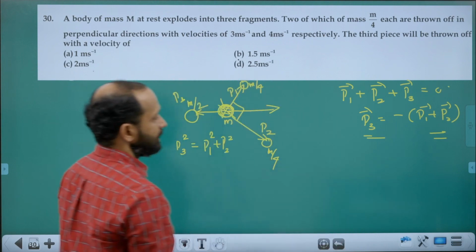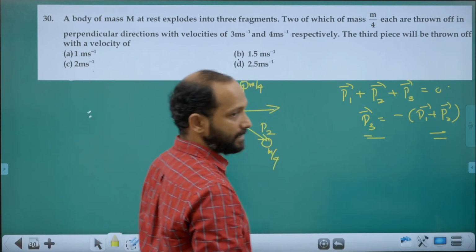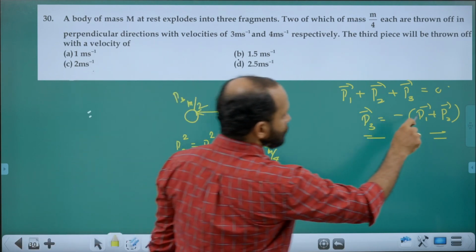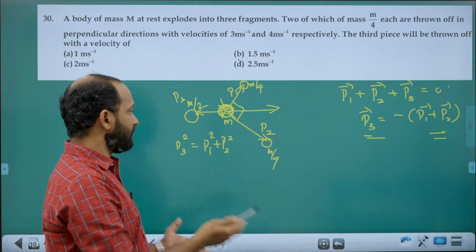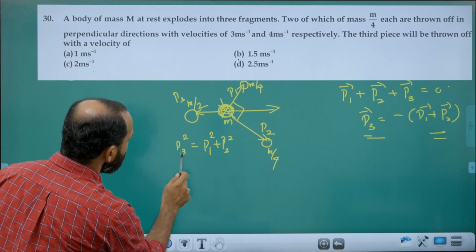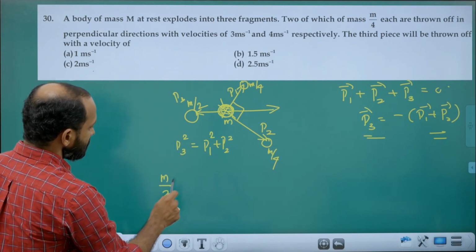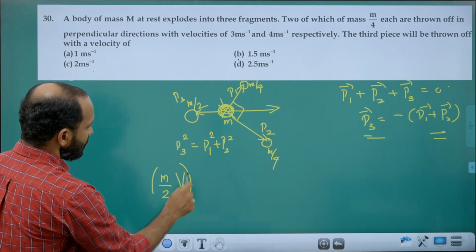What do you mean by that? Modulus of P3 equals modulus of P1 plus P2 vectors. What is modulus of P3? That is P3. Modulus of P1 plus P2 is root of P1 square plus P2 square. Squaring that, you will get this. So this is an easy method to apply directly. What is P3 square? Mass into velocity, all square.